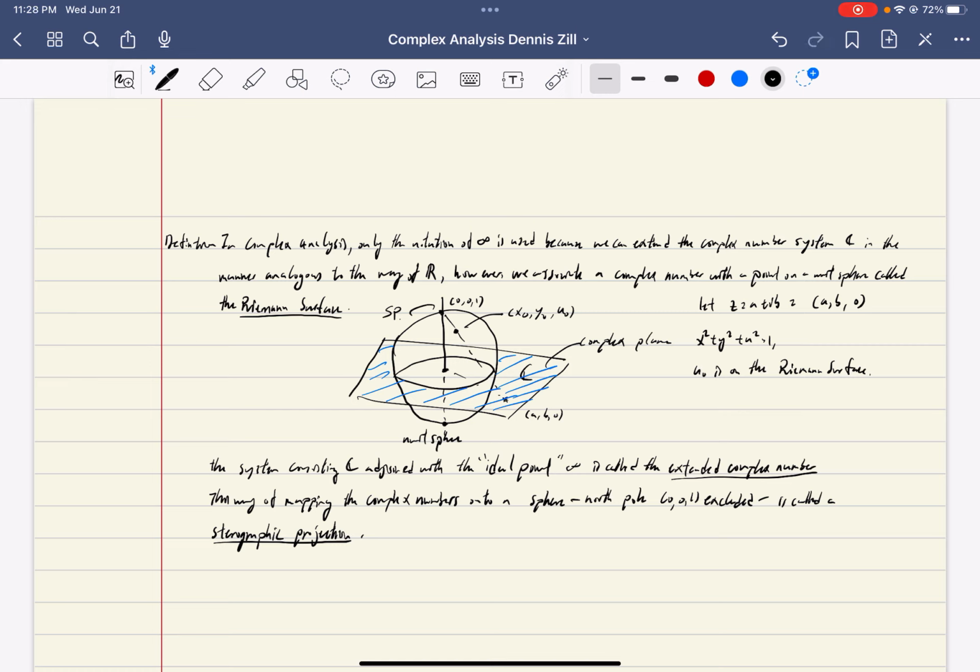If we define this dot as any complex number on this complex plane, and you draw this triangle, well, this is (a, b, 0), then this has to be (x0, y0, u0), and you don't know what they are.